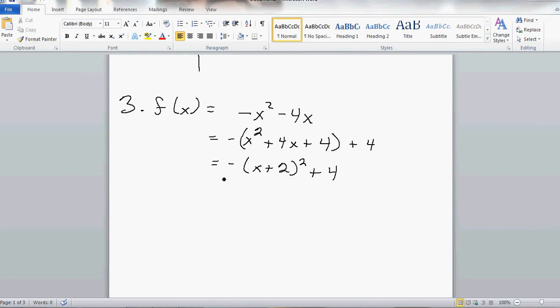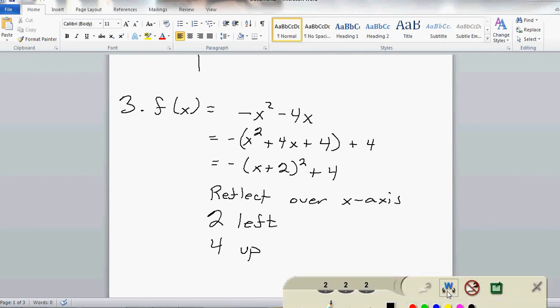And so remembering the things that happen, first of all, this negative here will make it reflect over the x-axis. This right here is with the x, so it doesn't behave. So normally it would seem, let's go to the right. Instead, we're going to go to the left. And this one does actually behave and tells us to go 4 up.